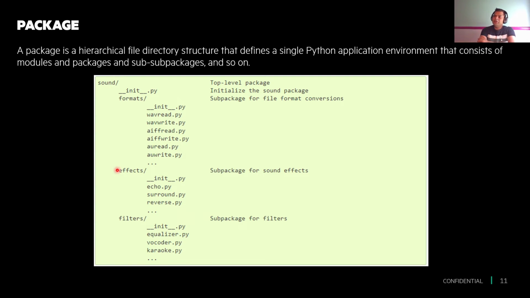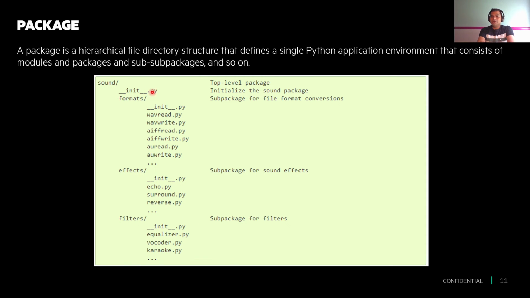So I have taken a very simple example of a sound project. In the sound project, we have formats we are going to support, some effects, and then some filters. Inside sound, we have created these different directories, and in these directories we have different files. It is just the organization as per our project, and for simplicity, we don't want to keep everything in one directory. We want to divide into different directories and bring them into a hierarchy.